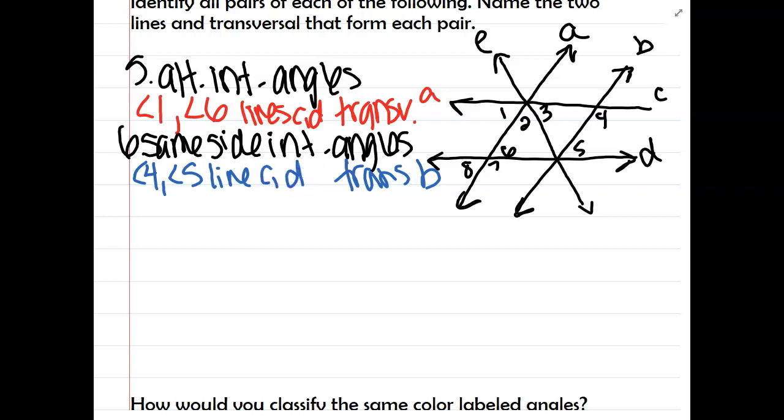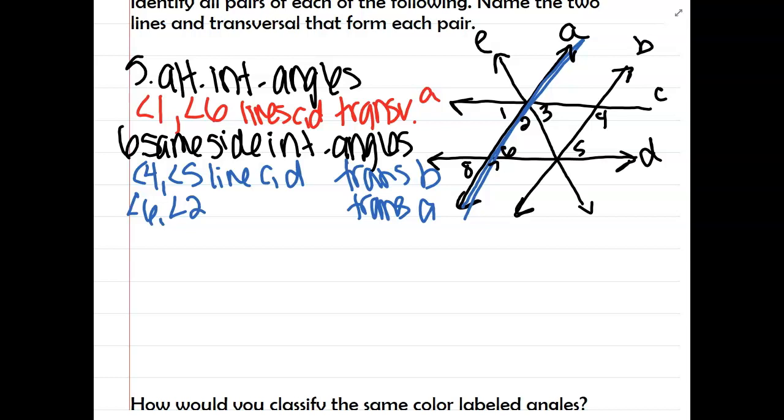C and D. Okay, now, there is another set of same side interior. What'd you say? 6 and 2. Yeah, 6 and 2. Now you have to be kind of careful here. Angle 6 and angle 2, they're on the same side of the transversal A, right? What two lines?